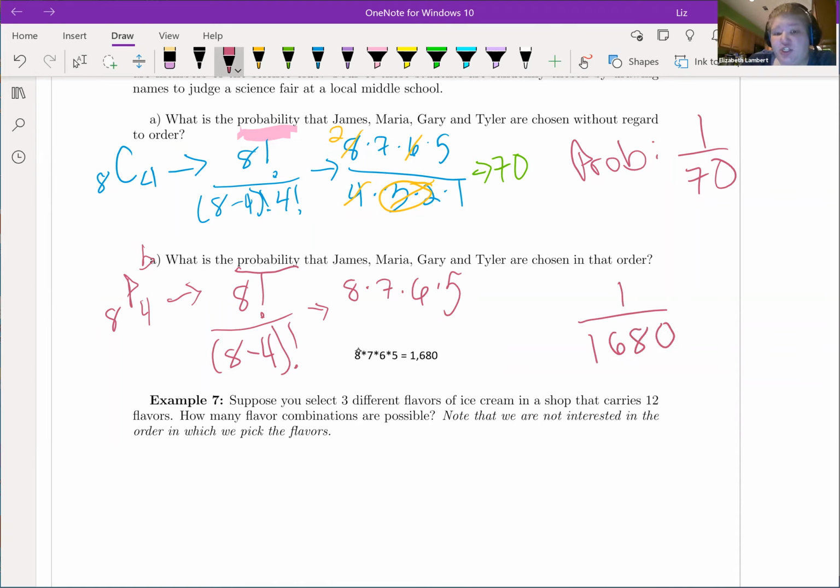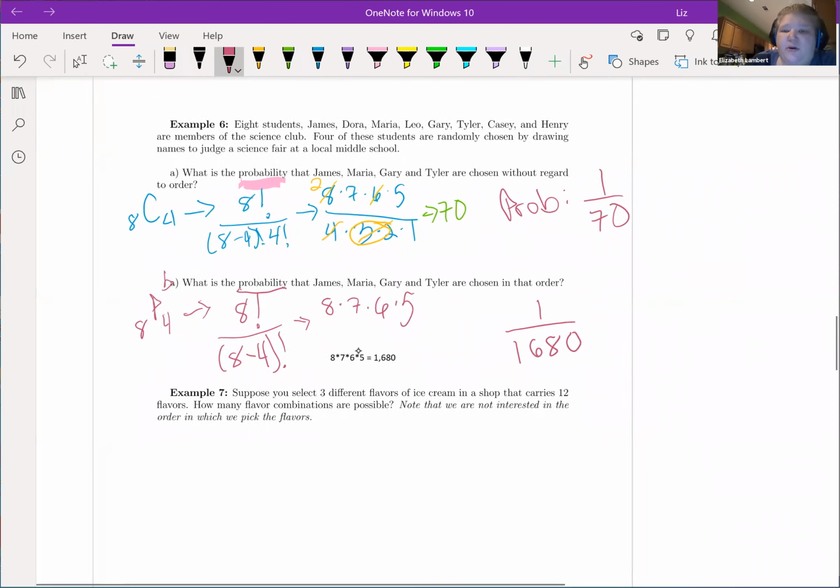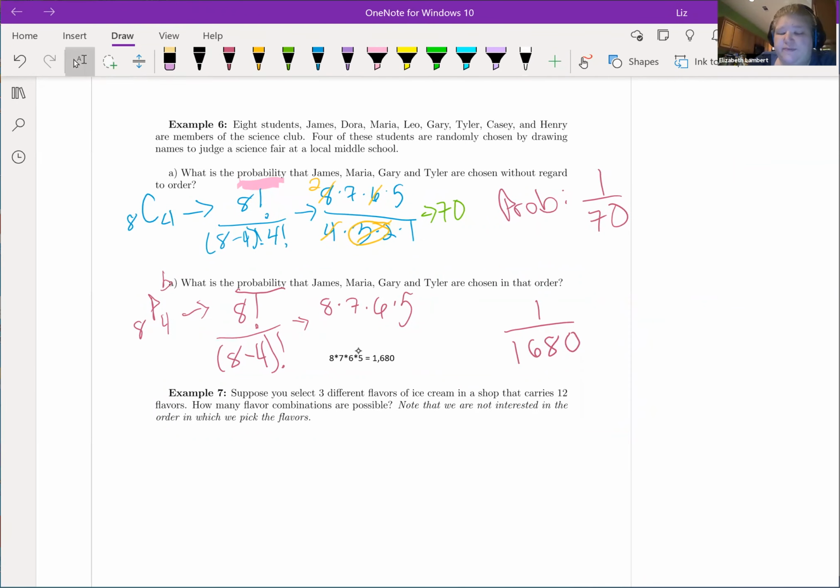Because if I said James, Maria, Tyler, Gary, that is a different ordering from James, Maria, Gary, Tyler. So that is one branching on my crazy tree diagram, as it were. So order mattering or not makes a huge difference. How many items we're pulling from also makes a huge difference.